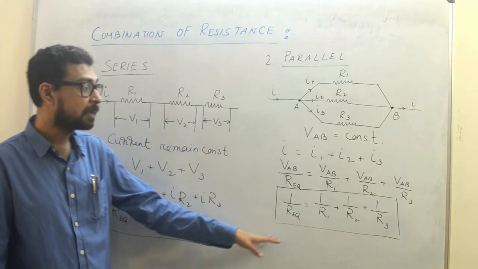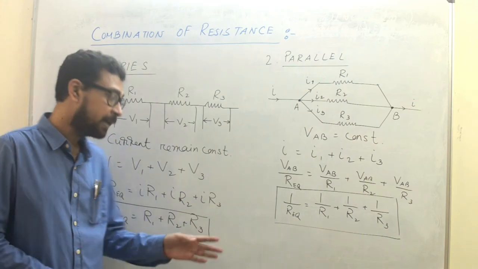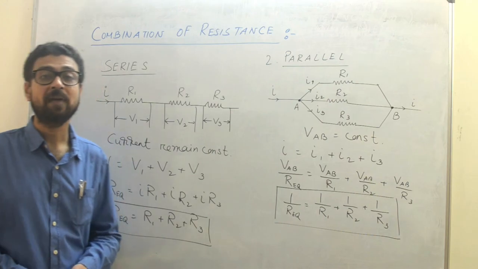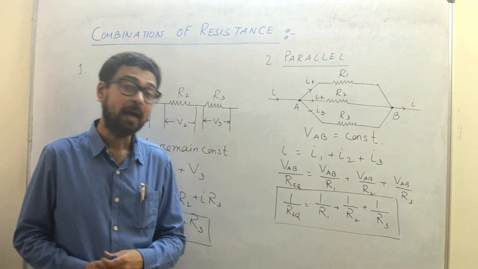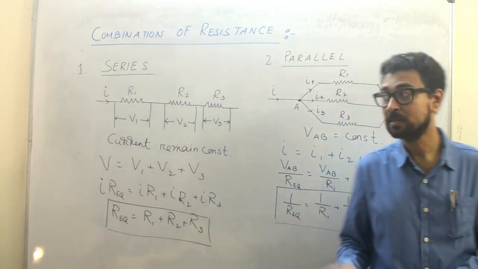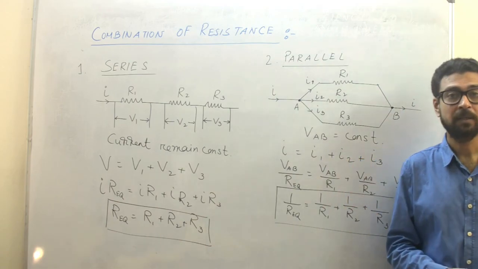You can understand, unlike series combination, the effective resistance decreases, so the effective current in the circuit increases, and the same potential is applied across each of these resistances, which is equal to VAB here. You can see in this particular diagram.